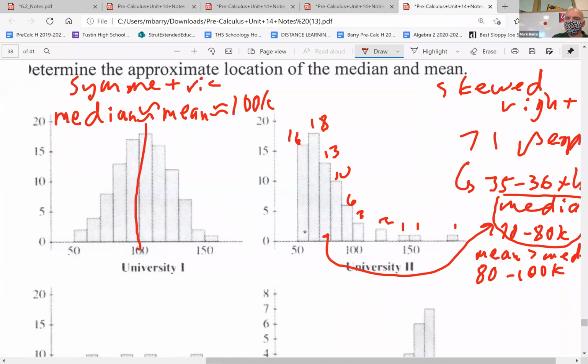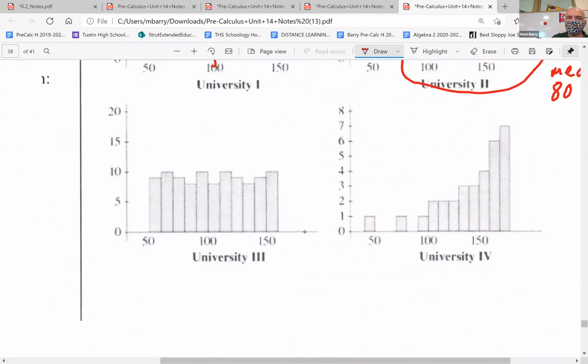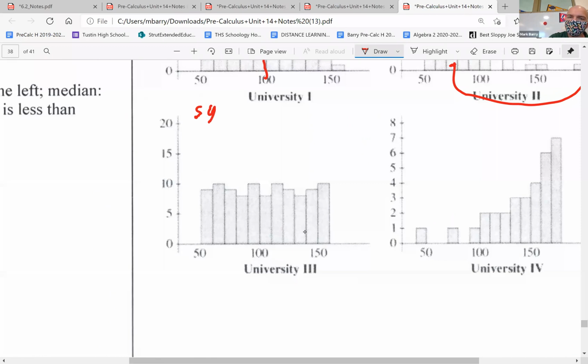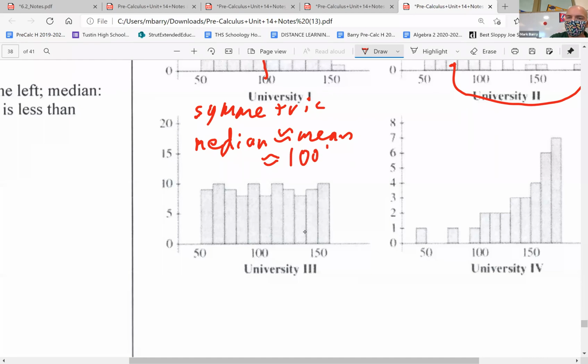All right, University 3 now, symmetric. All right, and the median is about equal to the mean, which is about 100K. So those are the easy ones, right?